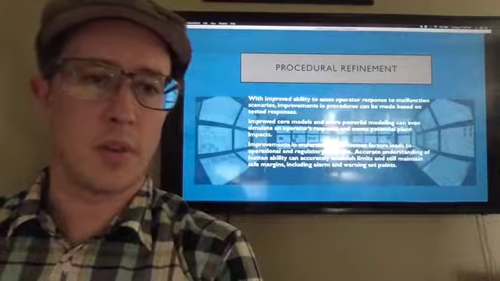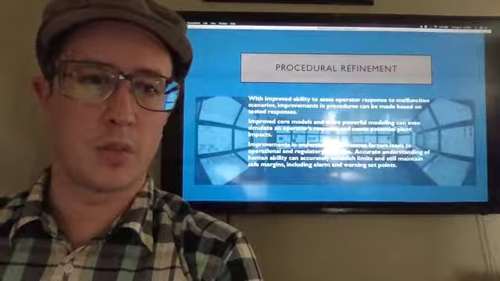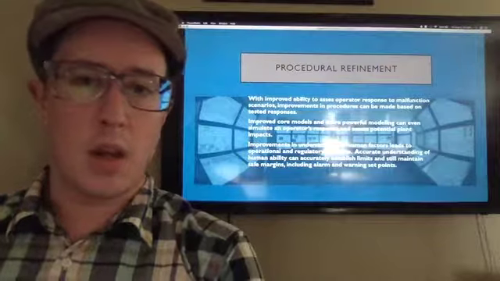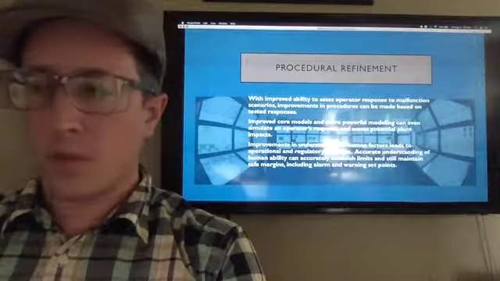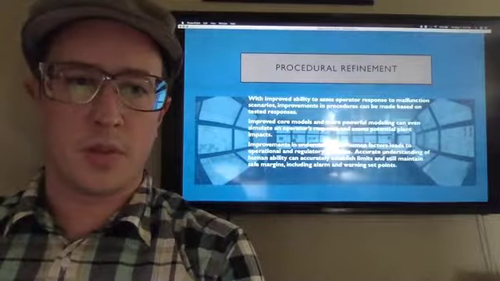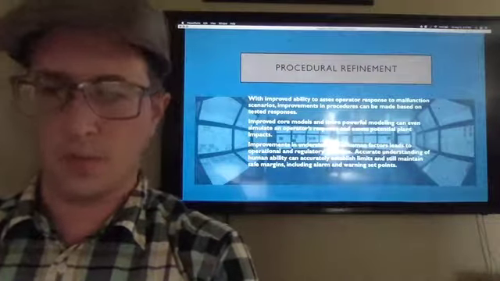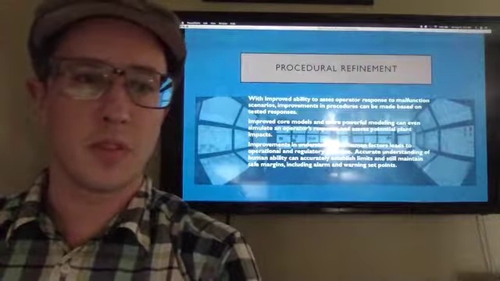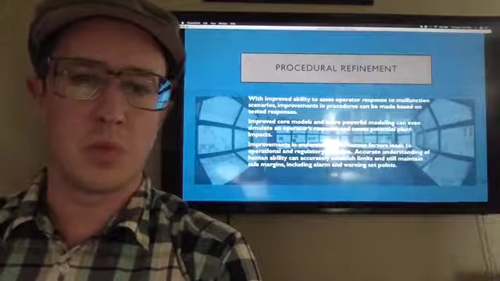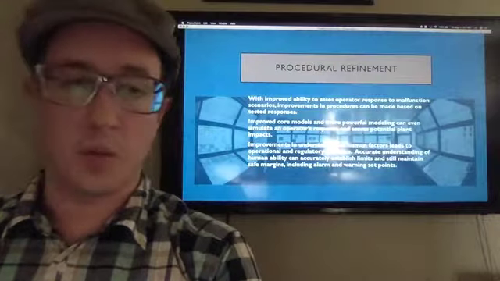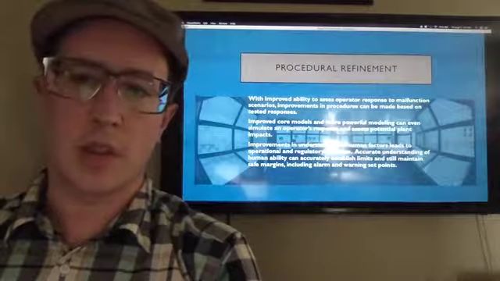There's also an added benefit of the fact that it can be used for procedural refinement. The simulators provide the opportunity for, like I said earlier, some improved maintenance abilities, but it also can allow them to improve actual plant performance characteristics.